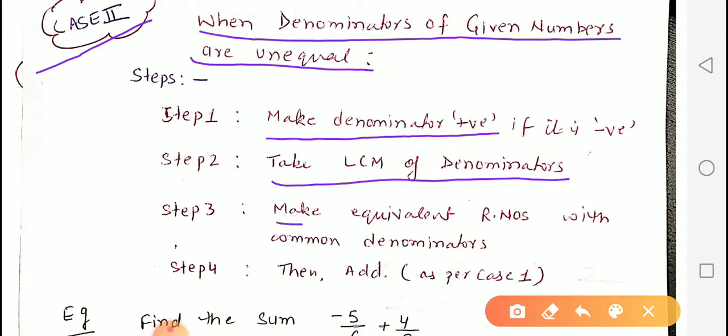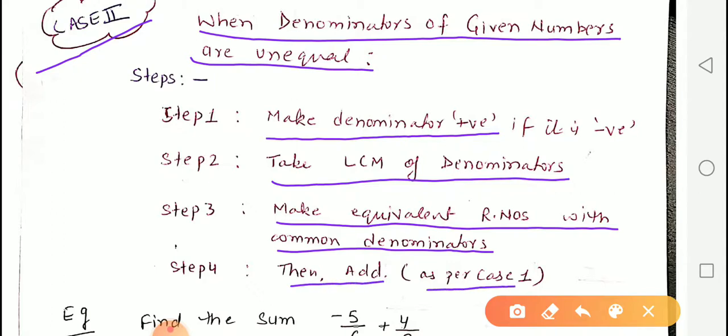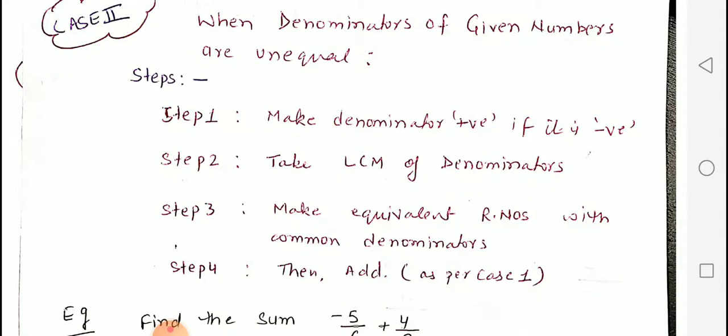Then make equivalent rational numbers with the common denominator, like we did while comparing rational numbers earlier. Then we add like we did in case 1. So let us take one example.